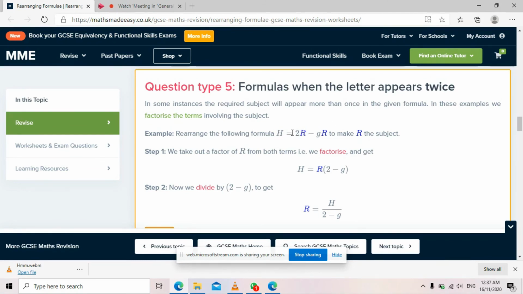First, we can factorize it, because both sides have R, so we can factorize it. So it will be like this: H is equals to R, open bracket 2 minus G, close bracket. So next, we will move this bracket to the other side, so R will be alone. That's all.